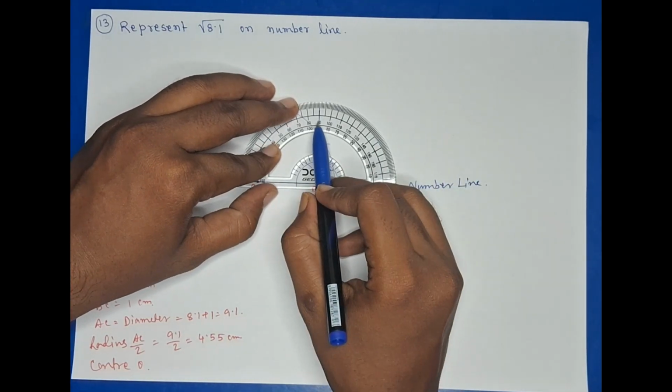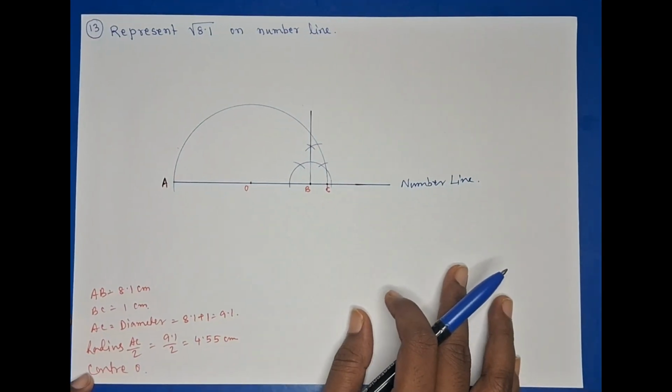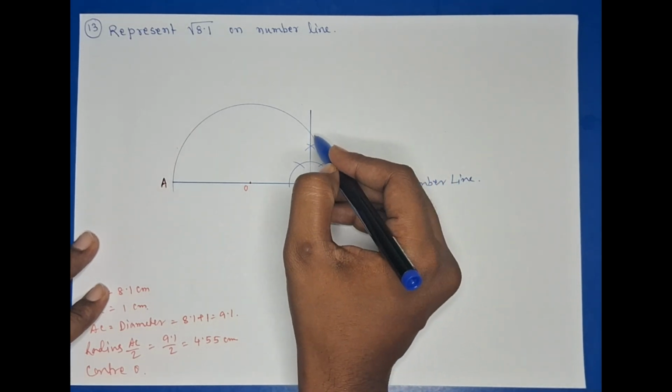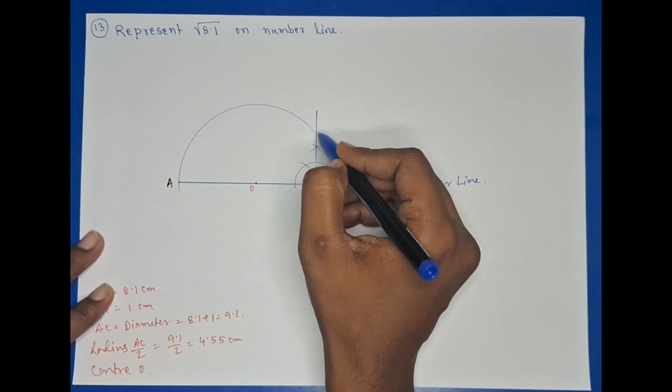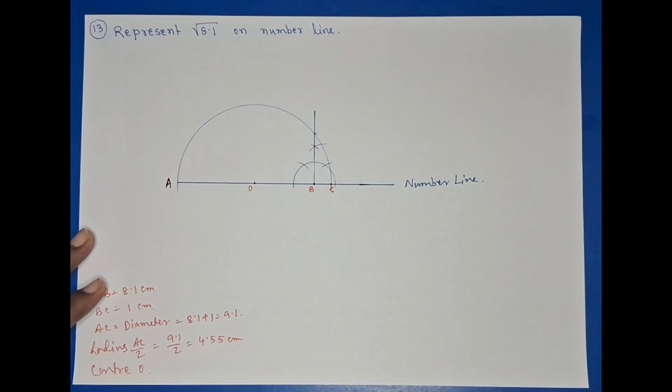See, it is 90 degree. It shows. Now what we will do, we will mark the point where this perpendicular touches the semicircle. This perpendicular line from B, it touches the semicircle. It approximately touches here. Okay.